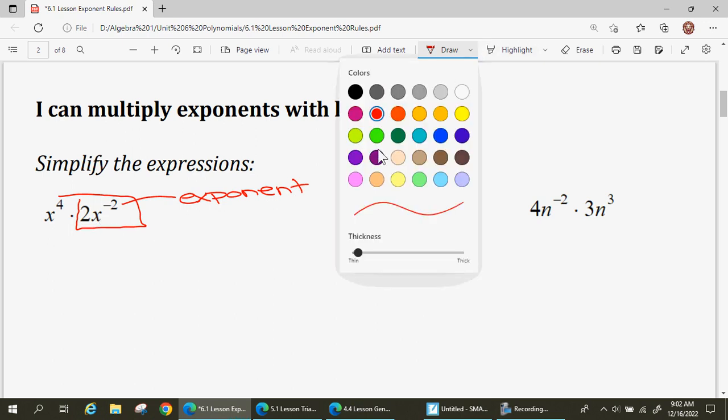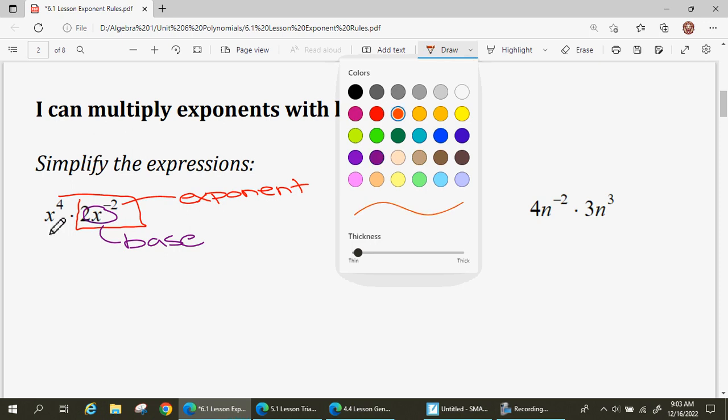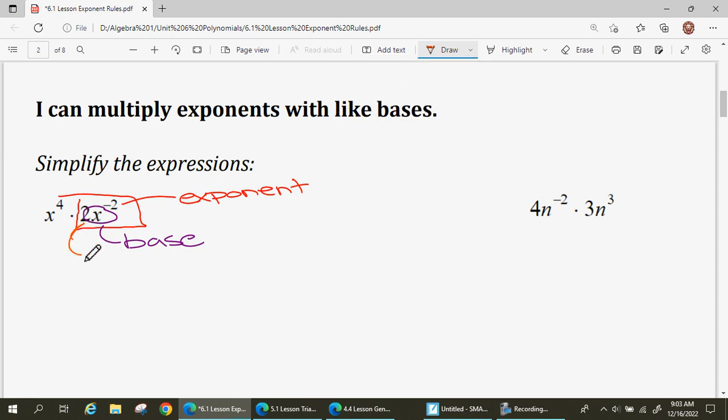And the x is what we would call the base. And then that number in front we would call a coefficient. The exponent is going to tell us how many times we multiply the base together.